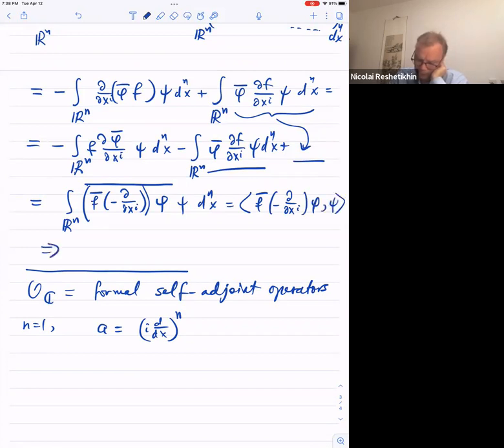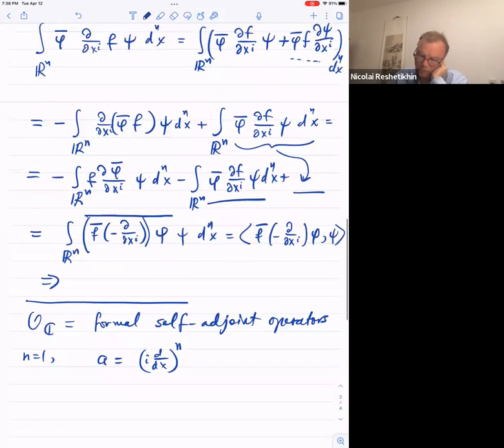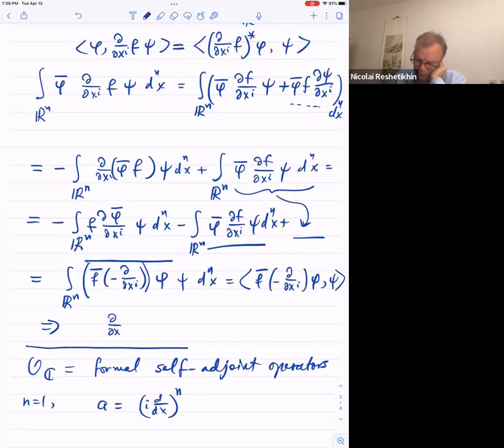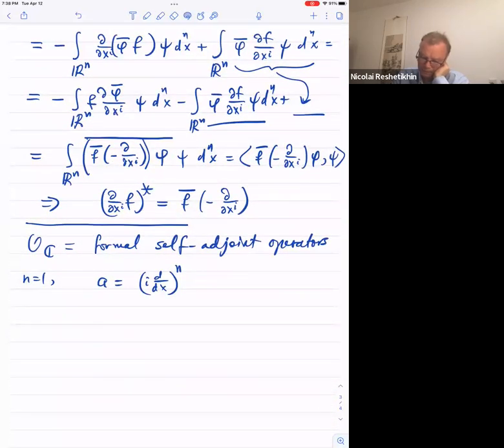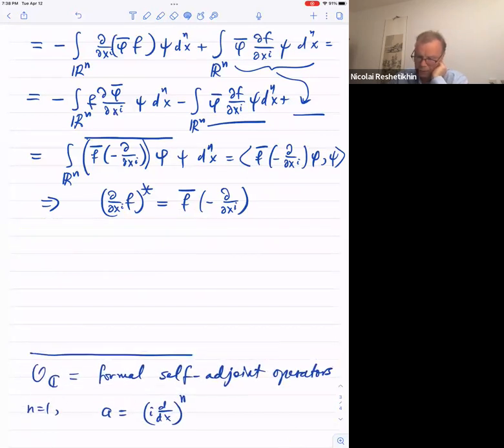So that means that ddxi f Hermitian conjugate is f bar minus ddxi. So this is how the Hermitian conjugation acts on generators. And then you can kind of continue to higher order monomials in derivatives.